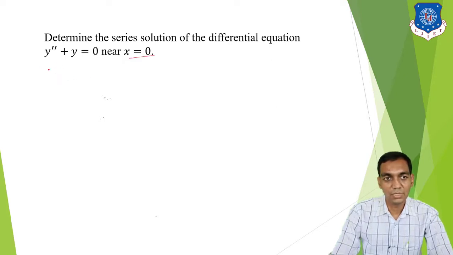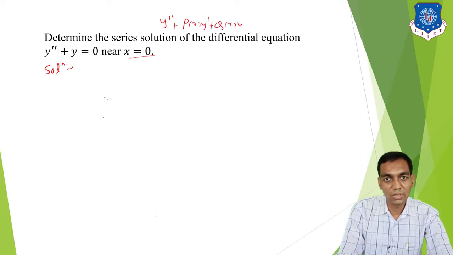Now, if we are starting with a solution, first of all you compare this equation with y'' + p(x)y' + q(x)y = 0. If you compare it, then here you have p(x) = 0 and q(x) = 1.